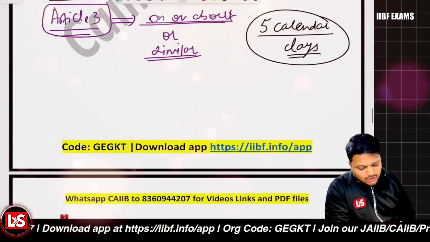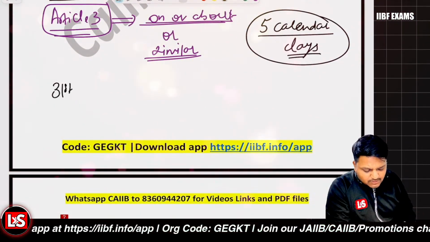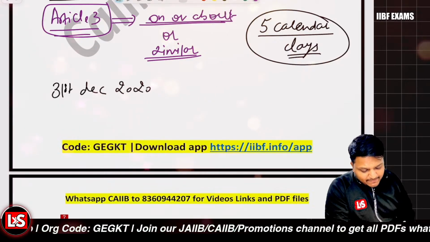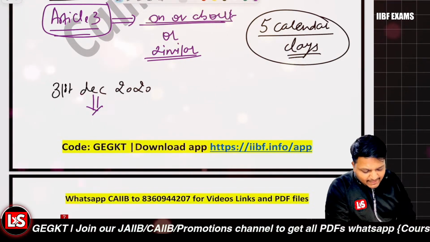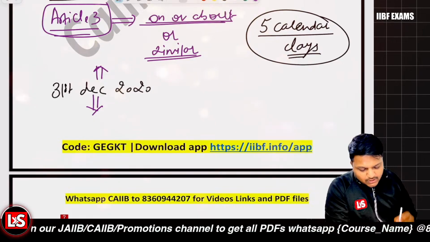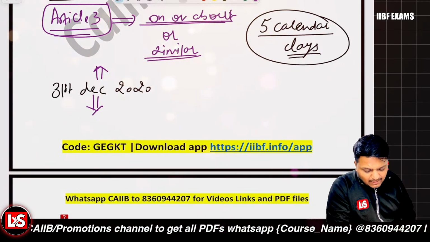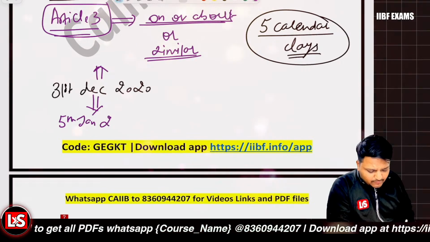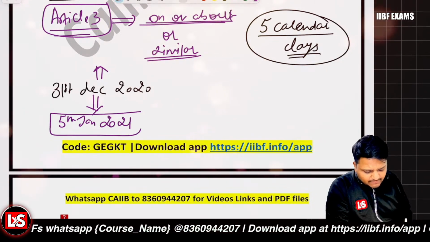Now, the actual expiry date is 31st of December 2020, but that won't be the expiry date. It will be either 5 days ahead or before 5 days. So basically up to 5th of January 2021, it is valid.